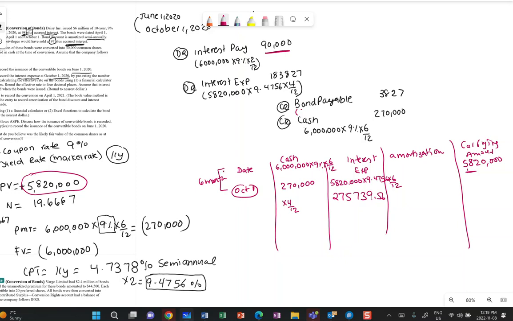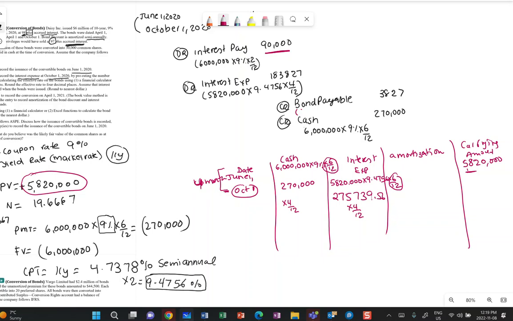When are we making the payment? The date on the bond was June 1st, so the first period was only for 4 months. The reason I showed you 6 months is that the payment is for 6 months, but when we calculate the amortization table, we only do 4 months for the first one.